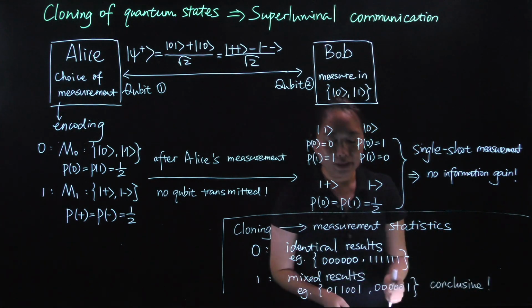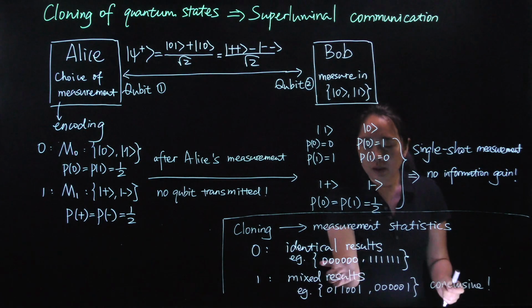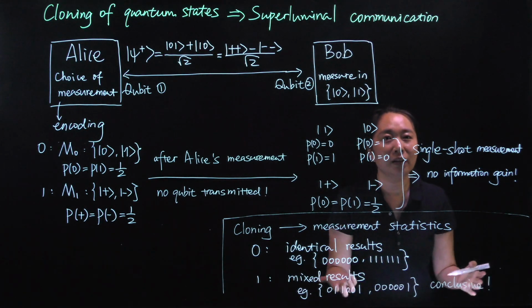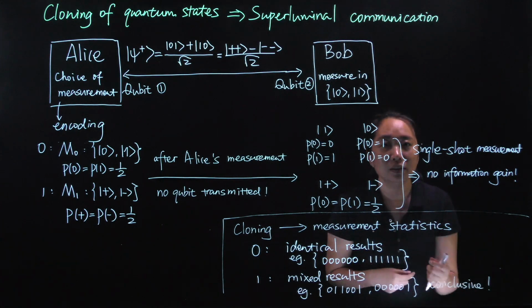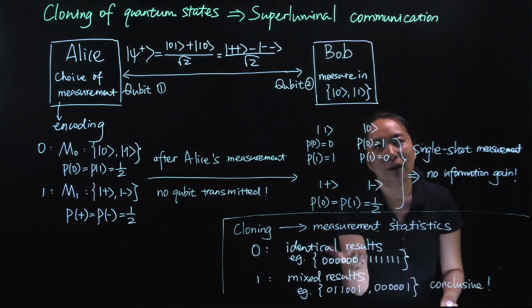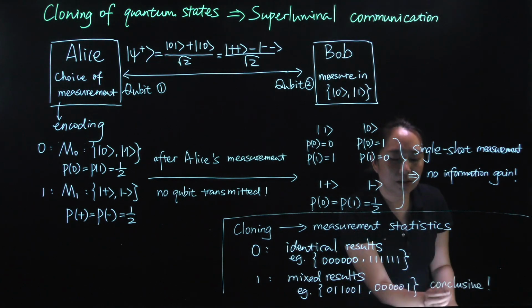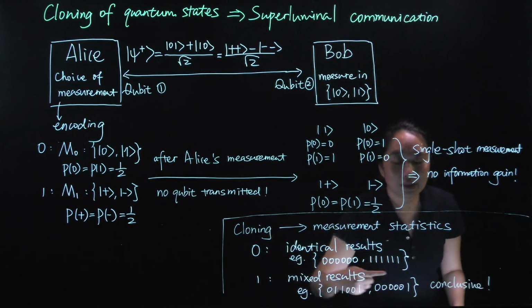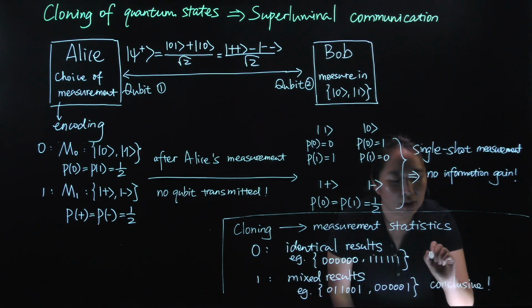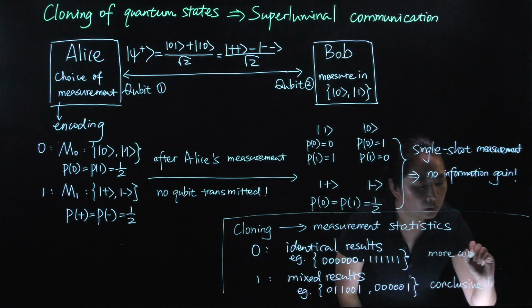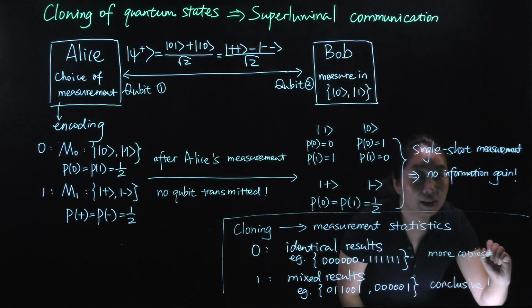However, in this case, even if you get all zeros or all 1s, there could be the chance that if you make an additional copy, it might give him a different result. So this is not as conclusive as the second case, but if he has more copies that he can measure, he will get less error.